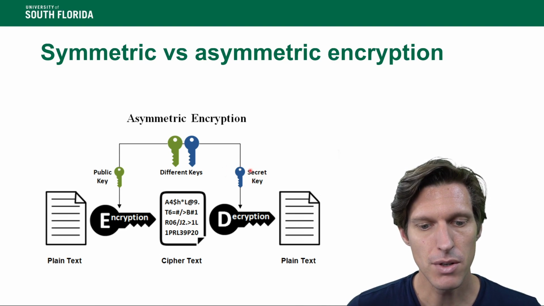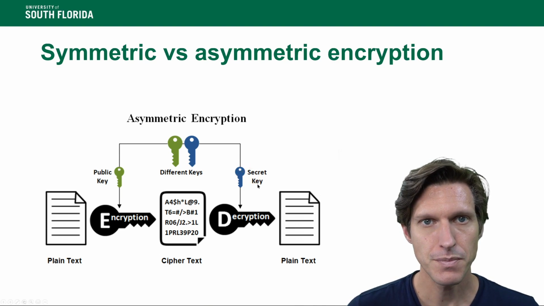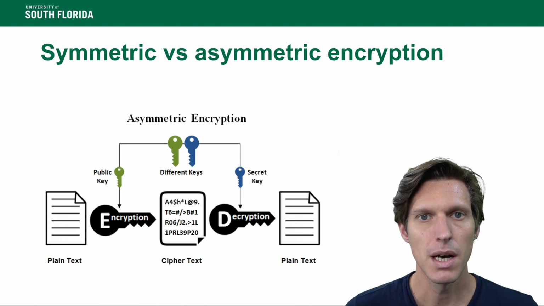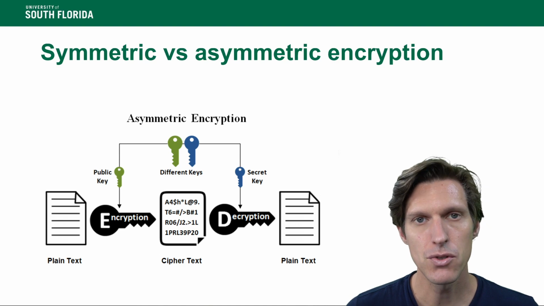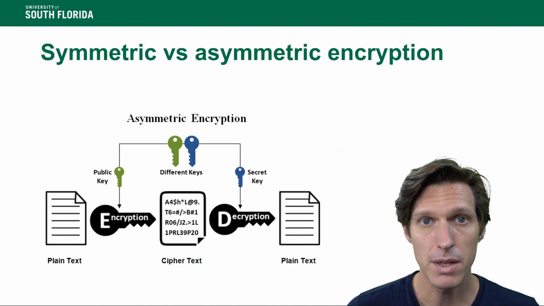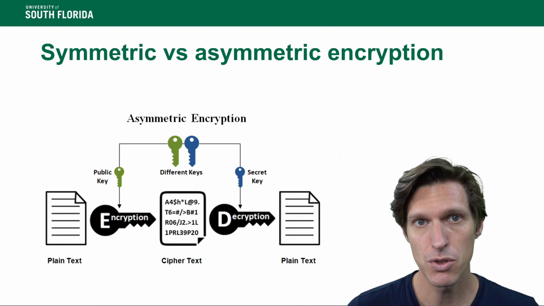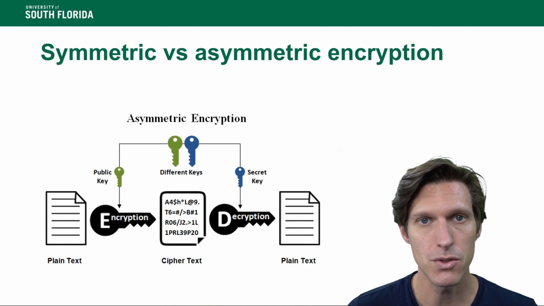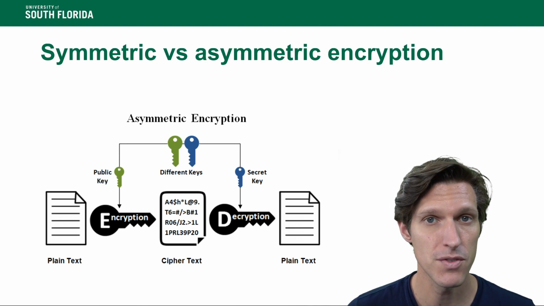But the secret key, only a secret key, can be used to decrypt. Okay, so that's a very powerful scenario. Now, in practice, however, it's usually at the cost of efficiency. And so in practice we try to use asymmetric encryption only for certain moments in the communication protocol, but we still use a lot of symmetric encryption.